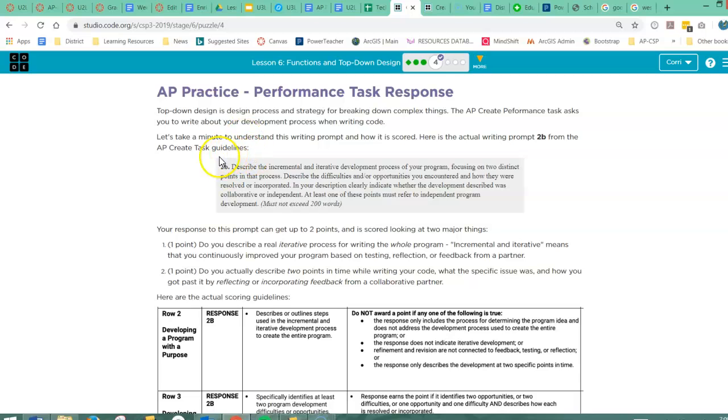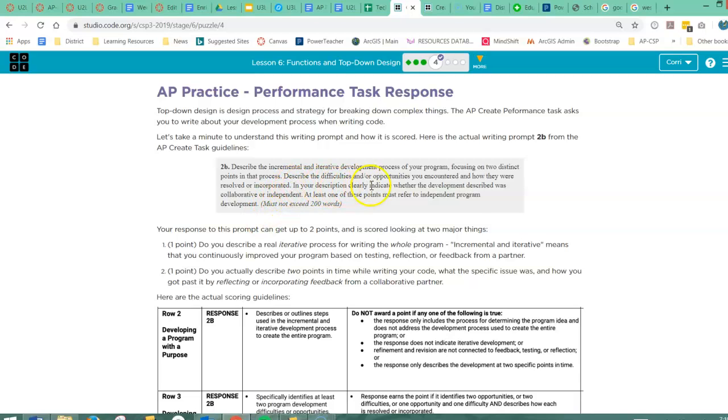And we're going to look at one of the prompts. So this is a prompt. You're given a number of prompts that you're going to be writing to answer in the create performance task. This is prompt 2B, and I want to make sure that you understand what you're looking for here. Prompt 2B states, describe the incremental and iterative development process of your program, focusing on 2 distinct points in that process.